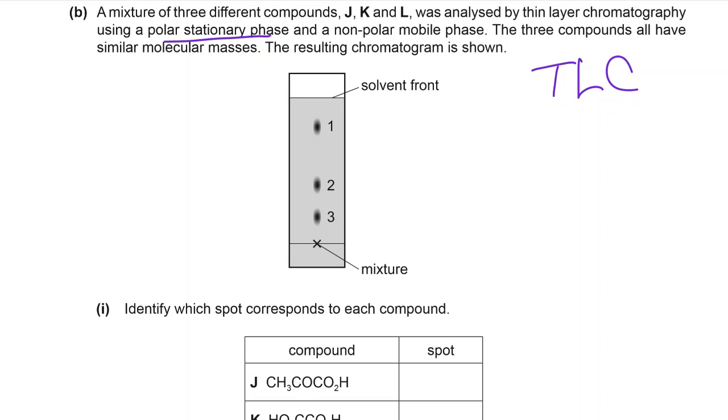That means the polar stationary phase is aluminum oxide or sometimes silica, and a non-polar mobile phase. The non-polar mobile phase means a non-polar organic solvent. The 3 compounds all have similar molecular masses. The resulting chromatogram is shown here. Your solvent is non-polar.